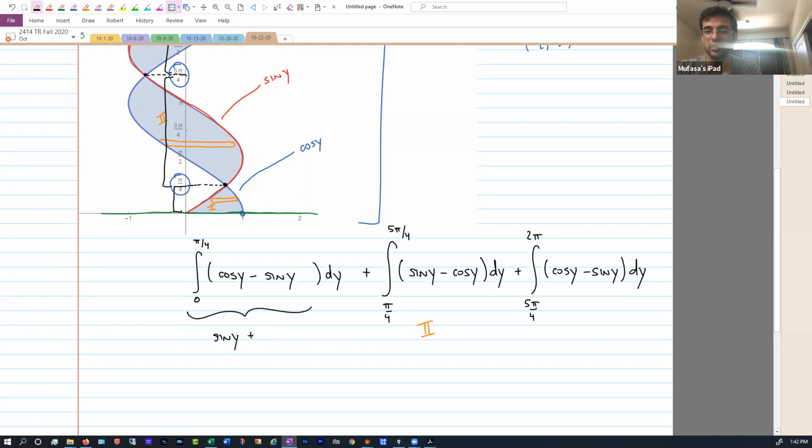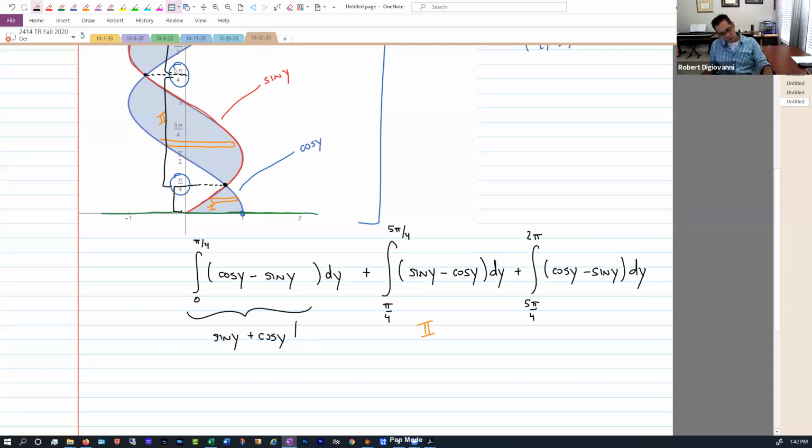When there's an addition, we can just solve them separately. So this would be the first one: you take the antiderivative, plug in pi over 4, get an answer, plug in 0, get an answer, and subtract. That would be the area of the first one. And you do that for each one of these.